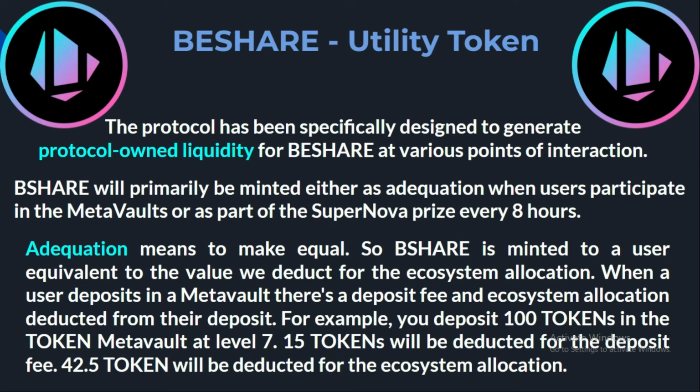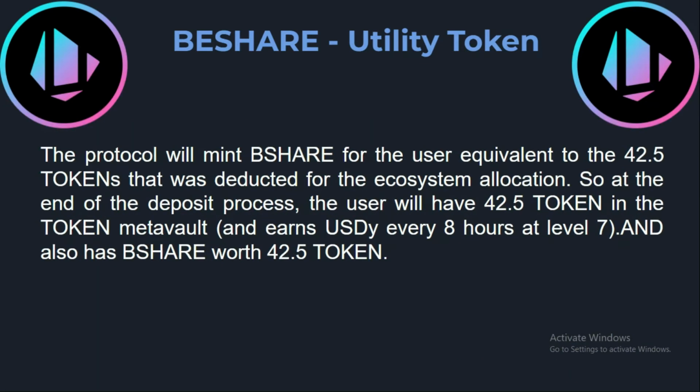So 15% is for the deposit fee, and 50% of the rest will be deducted for the ecosystem allocation. The protocol will mint BESHARE for the user equivalent to the 42.5 tokens that were deducted for the ecosystem allocation.